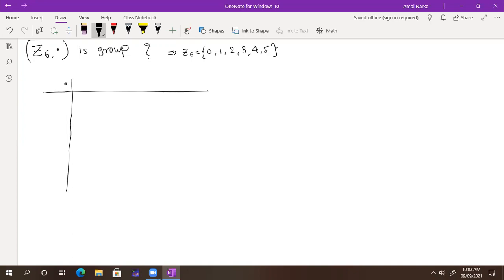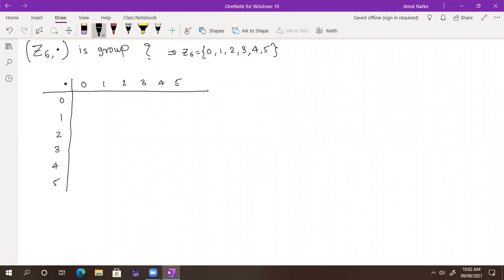You can take any number, Z3, Z5, Z2, any number. Here I just take Z6. So 0, 1, 2, 3, 4, and 5. Am I correct? Here 0, 1, 2, 3, 4, 5.